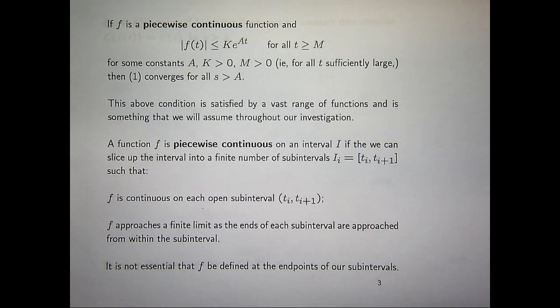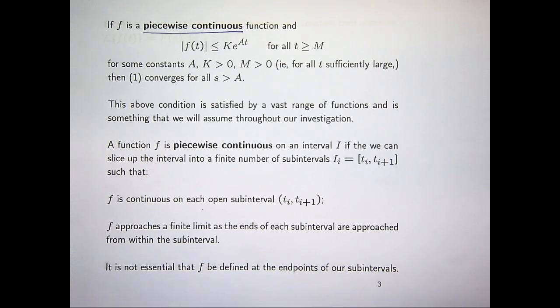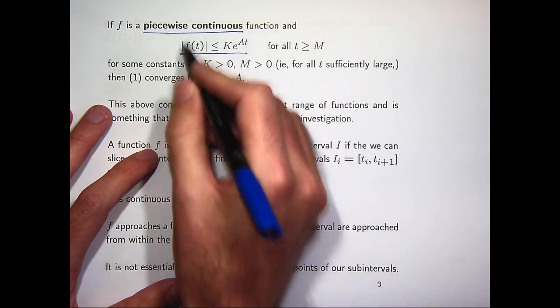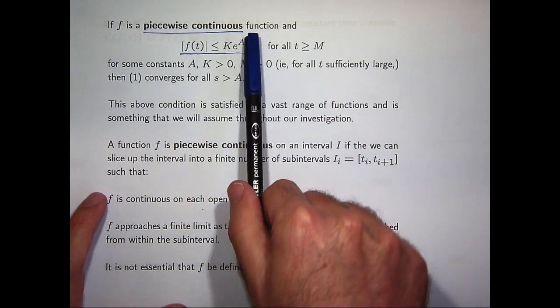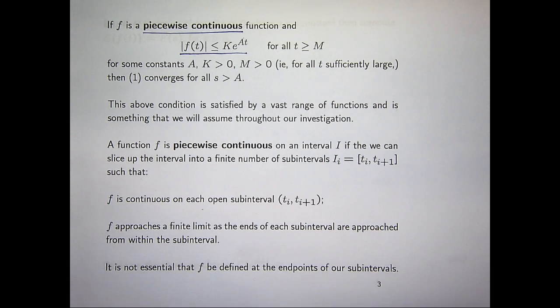Well, we're going to look at the following kinds of functions. A piecewise continuous function and a function that satisfies this inequality for t sufficiently large. So think of this as a function that grows. So f here is a function that grows at most exponentially.